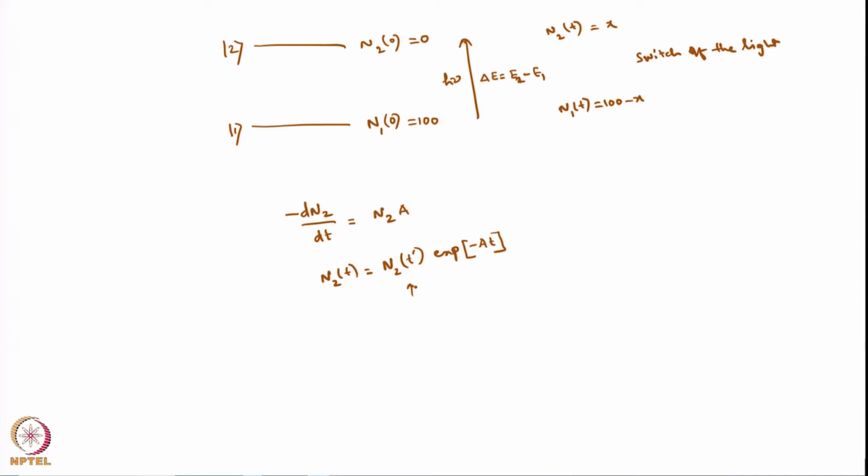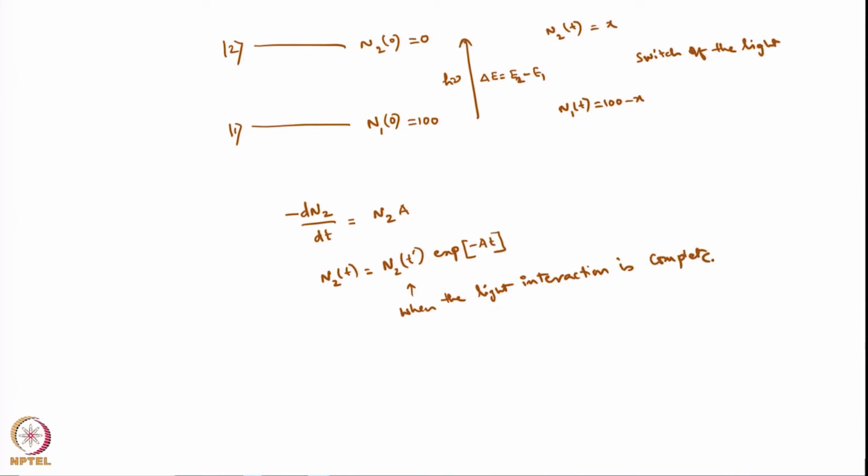N2 at t prime is actually equal to x, that is when the light interaction is complete.